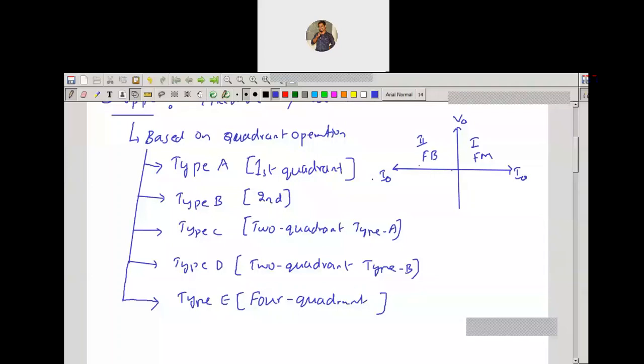Coming to the third quadrant chopper, here it is a reverse motoring operation, as the output voltage of the chopper is negative and the current is also negative. Then it is called a reverse motoring operation. To get the four quadrant operation, reverse braking operation, sorry. Okay, so these are the chopper configurations, four configurations.